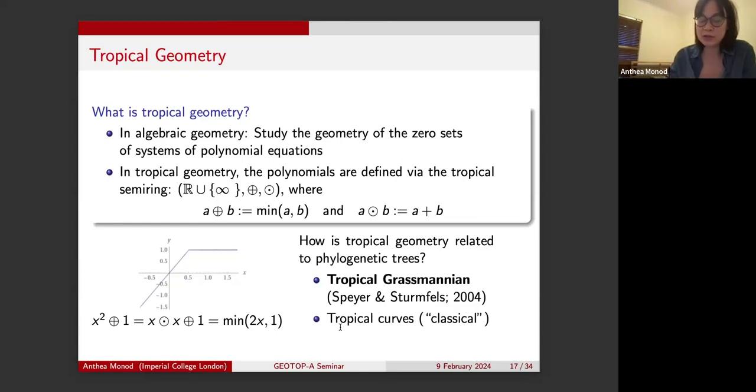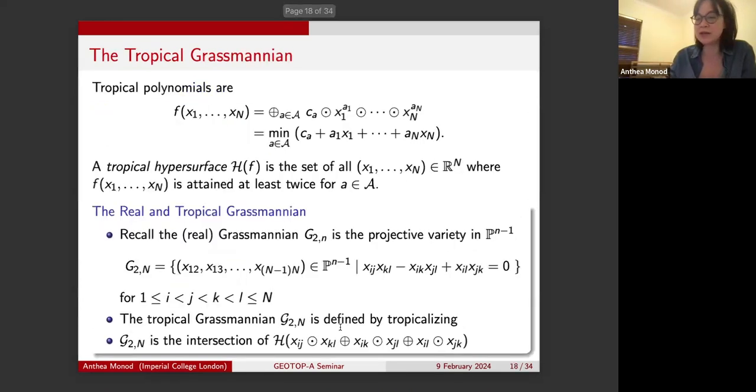There's another way to look at this, but the one that I want to focus on here is the tropical Grassmannian. Tropical polynomials, you can write them in full generality by replacing the operations, as I mentioned before. You can look at the tropical hypersurfaces, which is the set of all elements where your function attains its minimum at least twice.